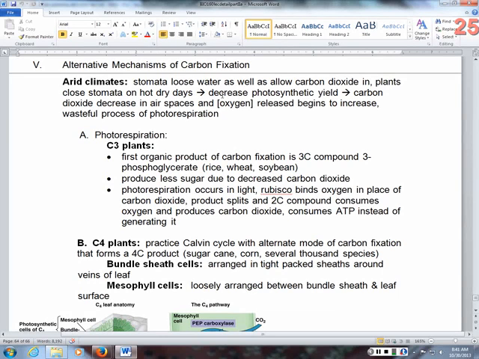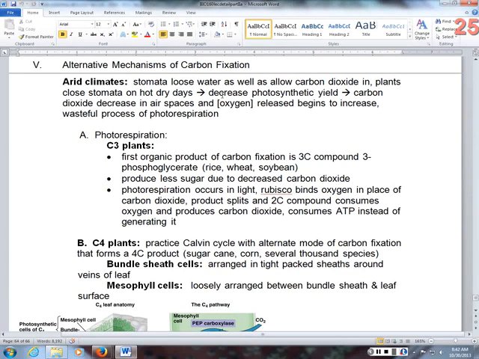What's going to happen is you're going to start to have a decrease in carbon dioxide, and the rubisco is going to bind to oxygen in place of the carbon dioxide. And then it splits and makes 2 carbon compounds instead. It still consumes the ATP in the process without generating it.